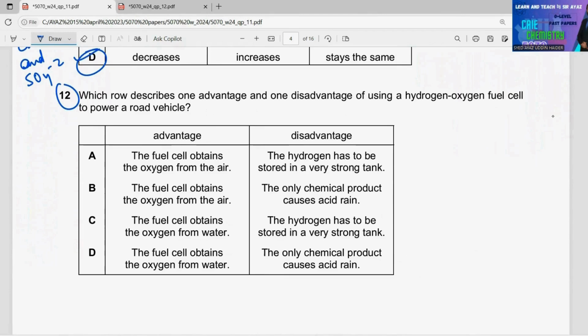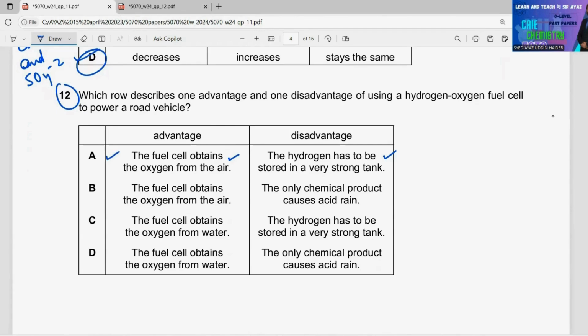This is the advantage, that we are getting oxygen from the air for the fuel cell. This statement is correct. What about the disadvantage? The hydrogen has to be stored in a very strong tank. Yes, this is also a correct statement. The reason is that hydrogen is a highly explosive gas. We need to use a highly pressurized tank in order to store the hydrogen gas. So for me, this statement is correct. A must be the right statement.